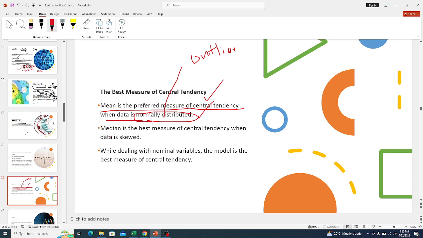Median is the best measure of central tendency when the data is skewed, either to the right or to the left. While dealing with nominal variables, the mode is the best measure of central tendency.